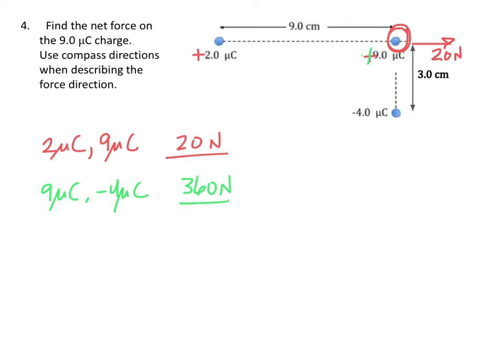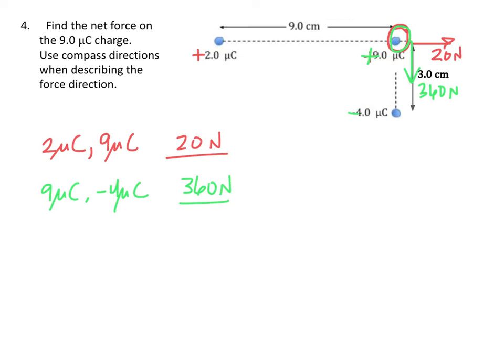We've got positive here, negative here. That means that this is going to get pulled down towards the other one with a force of 360. All right, well, so these forces do not point along the same line. They are perpendicular to each other. So you can't just add or subtract them. You have to use a little bit of a trick.